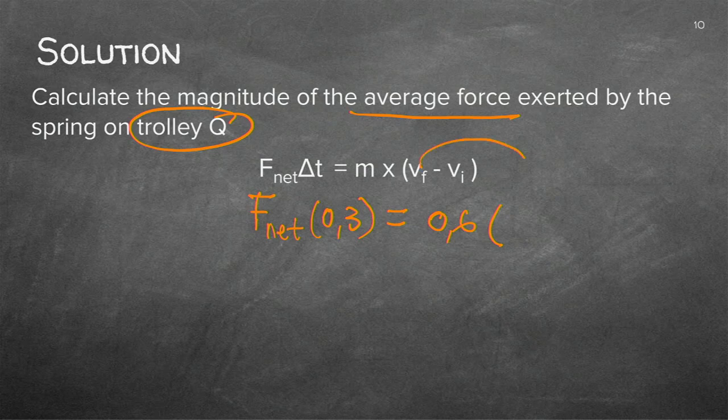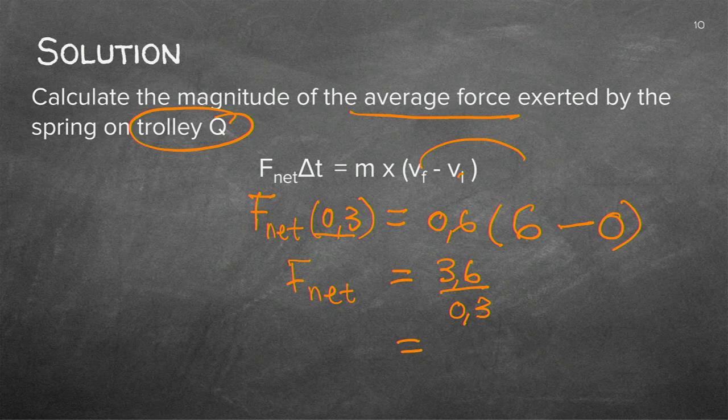The final velocity we just calculated, and we know it was at rest in the beginning. F net is thus 0.6 times 6, which gives 3.6, divided by the 0.3, and if you do an accurate calculation, you'll get a value of 12, and it's force, so it's Newton.